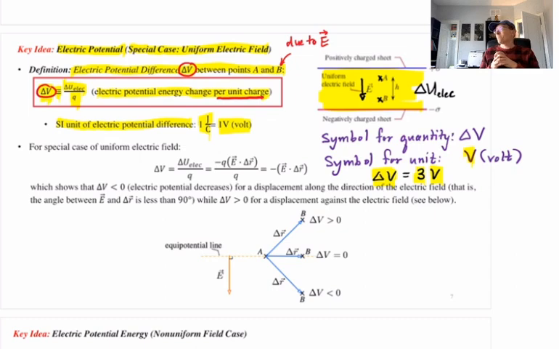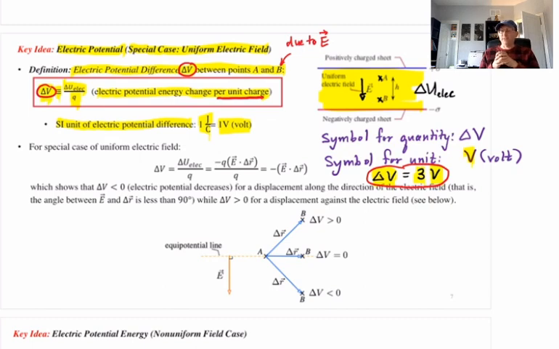Okay? So you could very well hear a physicist or engineer interpret that expression I just circled in red as, oh, the voltage is 3 volts. Or, a little bit better, the voltage difference is 3 volts.